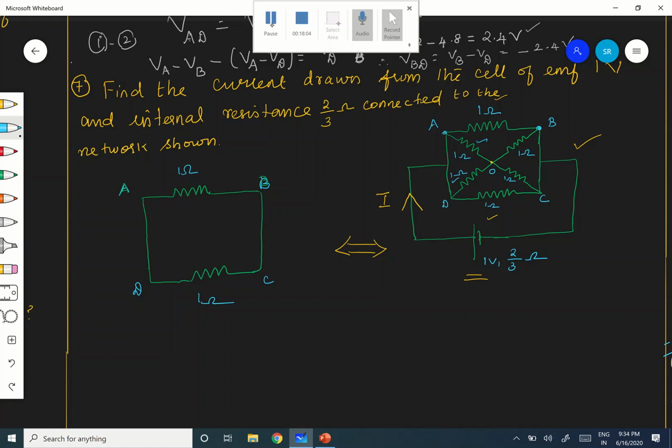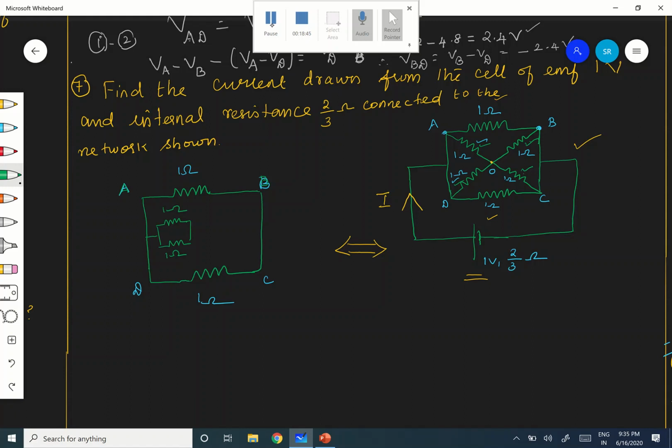I am going to draw 1 ohm and 1 ohm. From AD, both the resistors are connected, so I am writing 1 ohm and 1 ohm. And between B and C, this 1 ohm and this 1 ohm are connected in parallel.